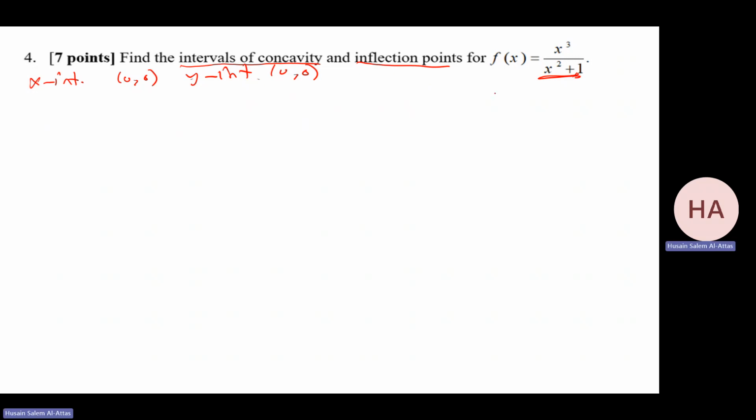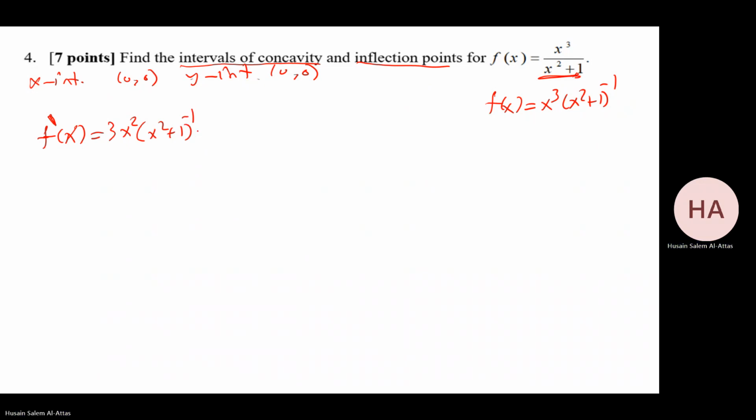So instead of doing it this way, which I think will make the calculations a little complicated, I'll write it this way. So now f prime will be 3x squared times this, plus x cubed times minus x squared plus 1 to the power minus 2 times 2x.